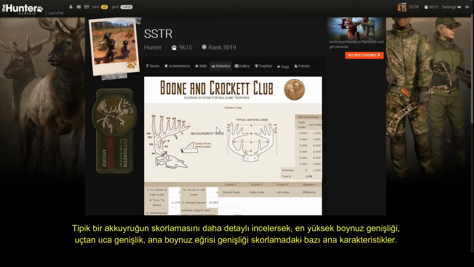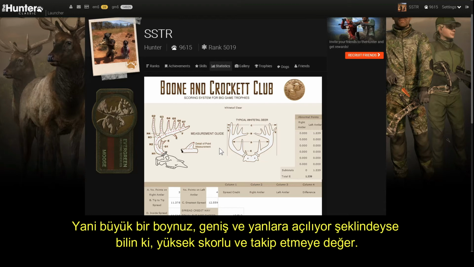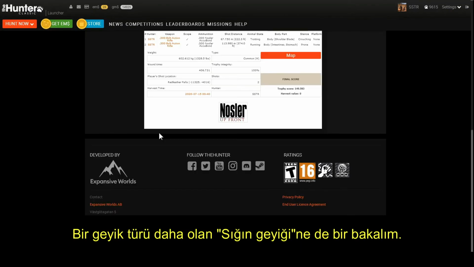When you take a closer look at typical whitetail scoring, you can easily tell that greatest spread, tip to tip spread, and inside spread of the main beams are some of the main characteristics of this scoring system. So if you see a large antler, wide spread, know that it is a high score one that is worth chasing. Let's take a look at moose, which is also a deer type.